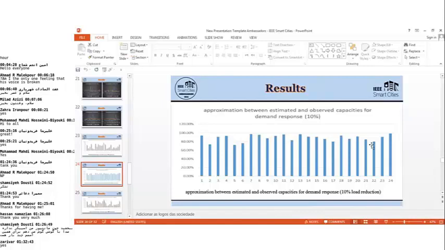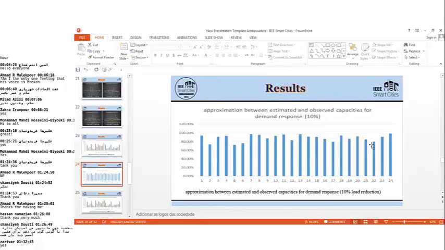This picture shows the approximation of estimated and observed capacity. As you see, for some clusters the approximation accuracy of the model is very good, and in some others not. Because, as we repeated several times, some customers do not obey a regular electricity consumption behavior and they change their consumption behavior.